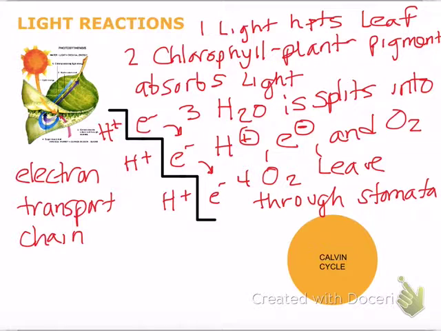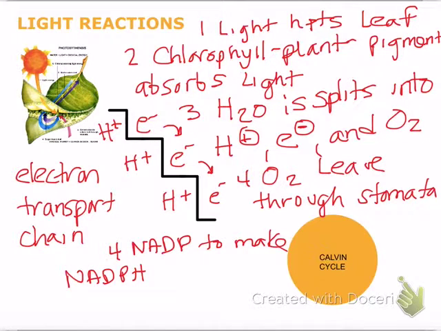At the end of the electron transport chain, the hydrogen combines with NADP to make NADPH, which is an energy carrier like ATP.